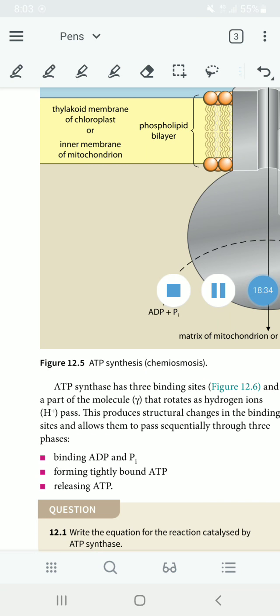Then you may write down the first step, binding ADP and Pi, then forming tightly bound ATP, and finally releasing ATP.